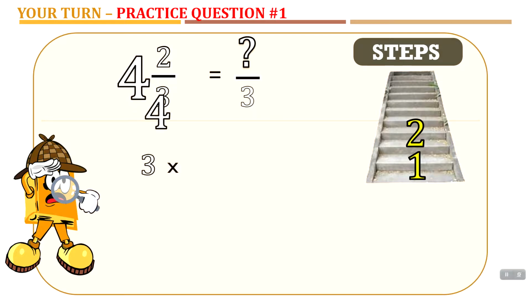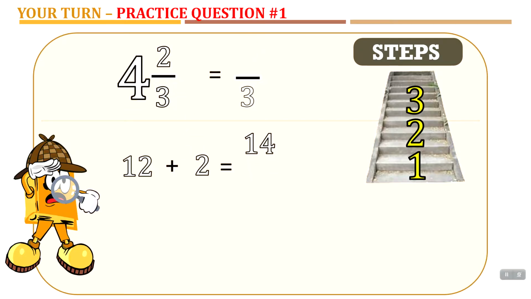So 3 times 4 gives us 12. Now we take the 12, and to that we add the numerator in step 3. 12 plus 2 gives us 14. And that is our answer. We now have 14 thirds. 4 2/3 is the same as 14 thirds.